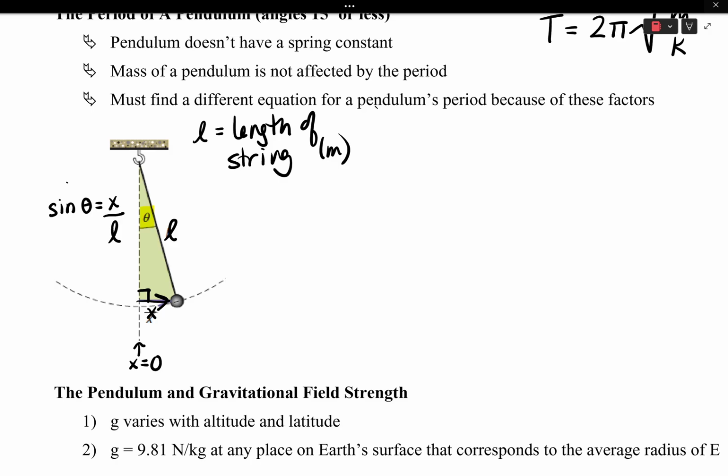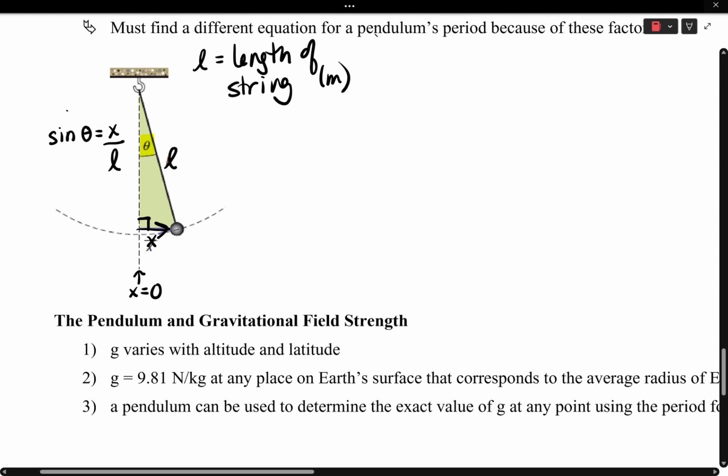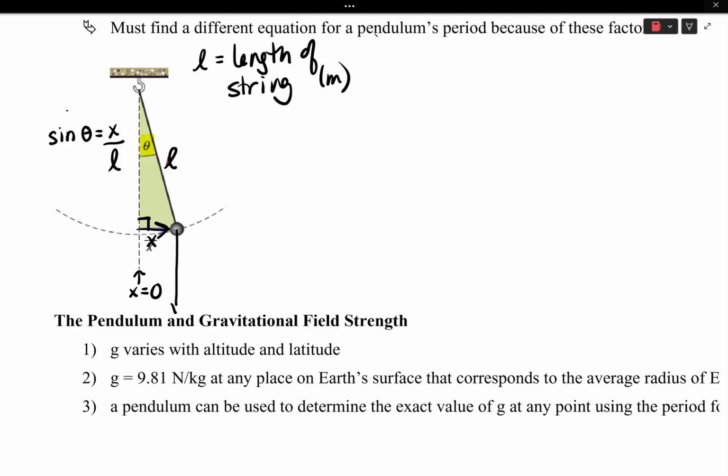Now, if you recall from our previous chapter, when we look at a pendulum, the restoring force is the force of gravity. But force of gravity is acting straight down. That's our F of G. So we are going to have to resolve that force of gravity into its two components. If we resolve it into the perpendicular, we get that force there.